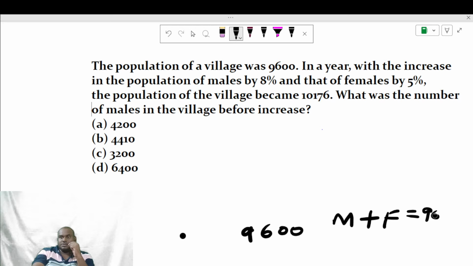So what happened? Population of males increased by 8%. It will become 108 by 100 m. And then females will become 105 by 100 f. This is equal to 10,176.